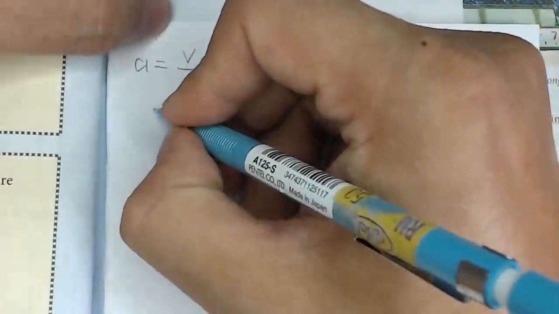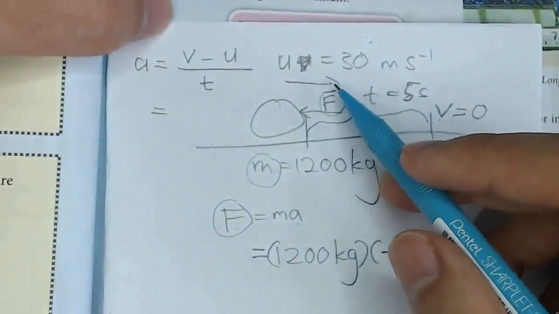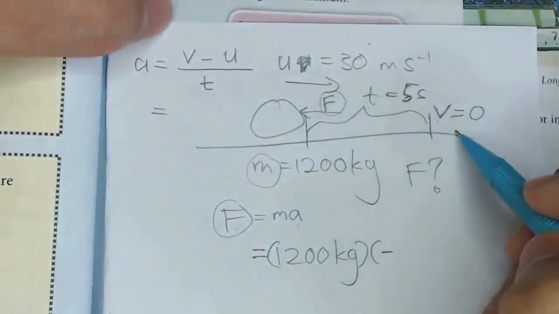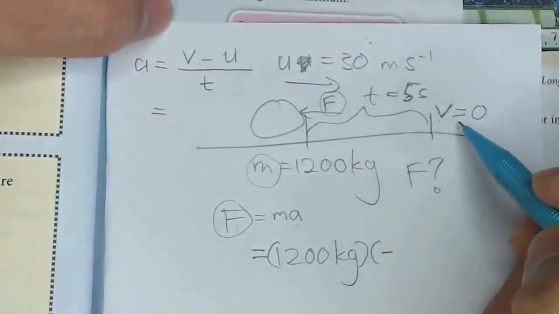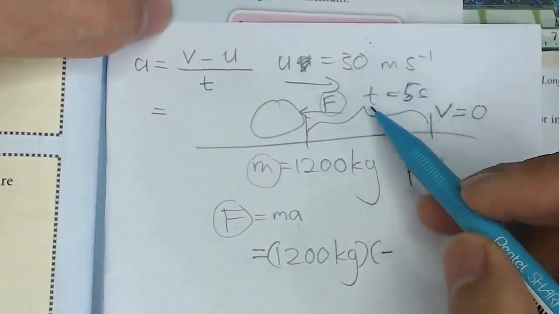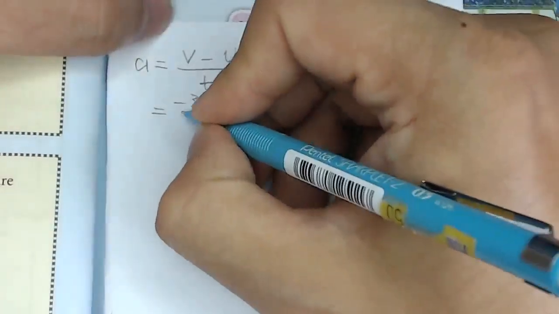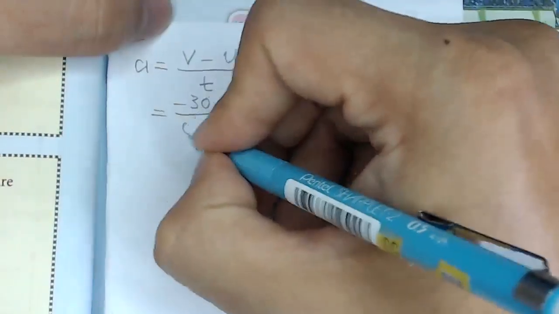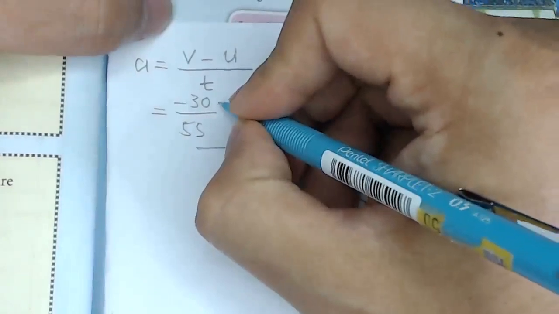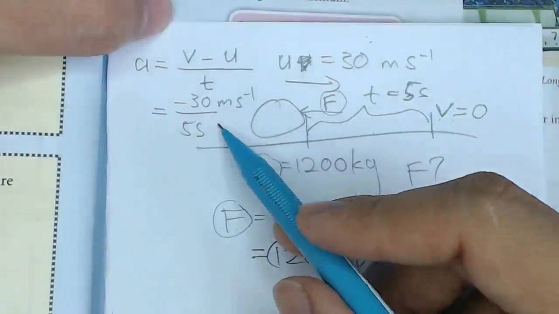So we got 0 minus 30, and then divide by 5 seconds.